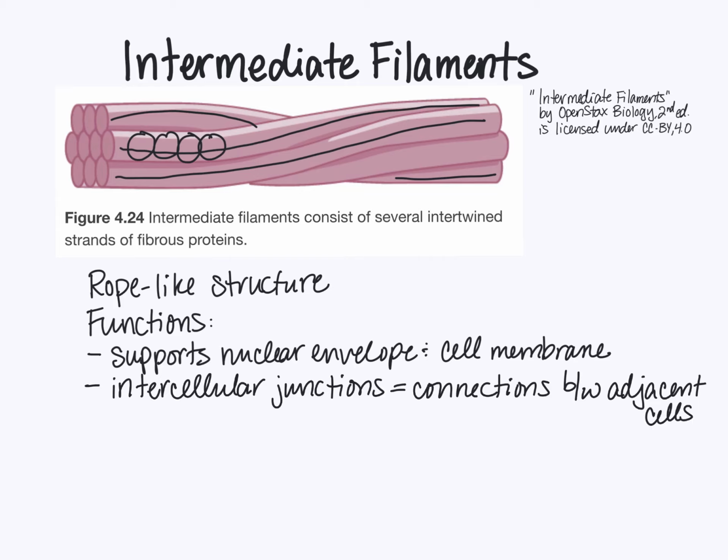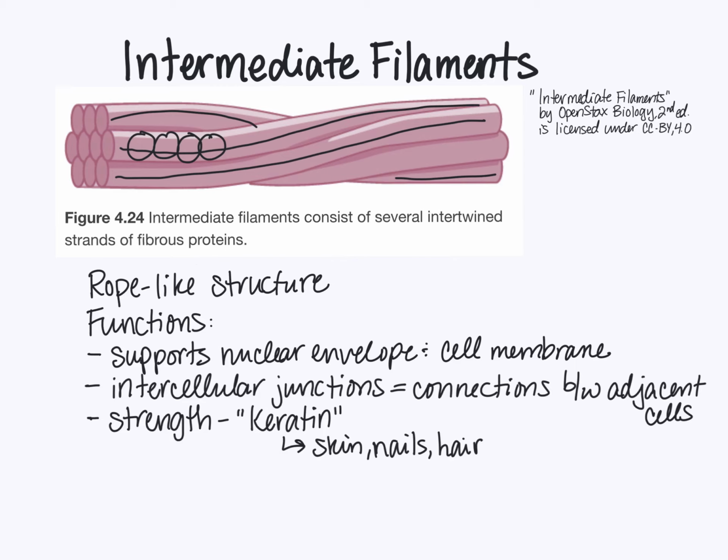Another function of these intermediate filaments is that they provide the cells with strength. An example of an intermediate filament is a protein called keratin. You've maybe heard of this before because you can get keratin treatments for your hair. Keratin is a protein that's usually found in the skin, nails and hair.